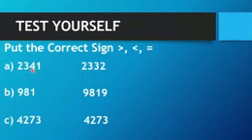At tens place it is 4, and here it is 3. So which one is greater, baby? Tell me, 4 or 3? Yes, it is 4. So the answer would be greater than. This number is greater than this number. Very nice.